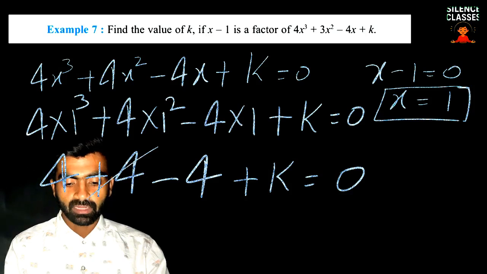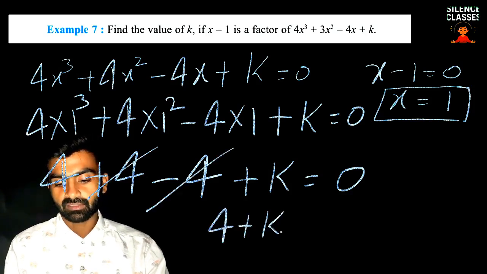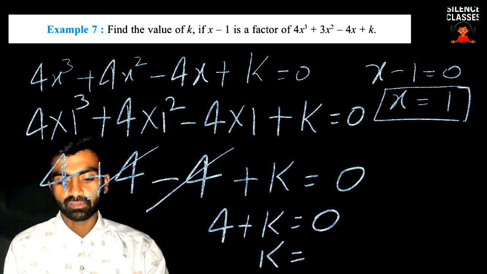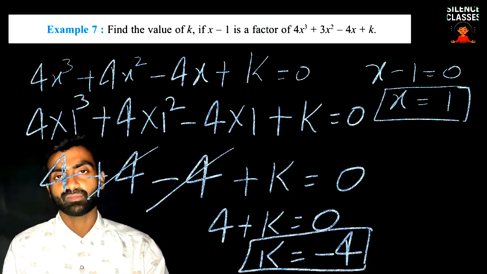So plus 4 and minus 4 we can cancel, so it becomes 4 plus k is equal to 0. Once we send this 4 to the right hand side, it becomes minus 4. So the value of k is minus 4.